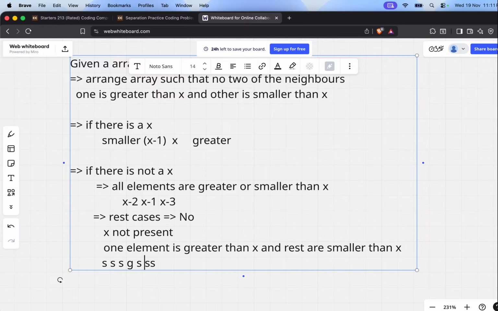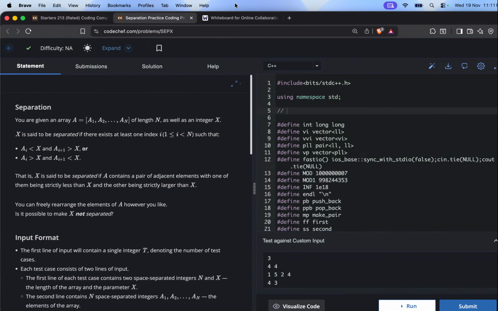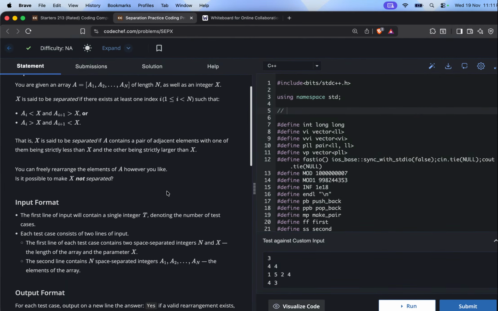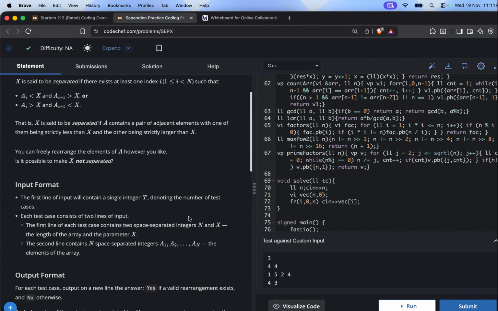So here we see that one pair of adjacent elements satisfies the separation condition. So this is violated and we cannot make our array separatable, not separatable.